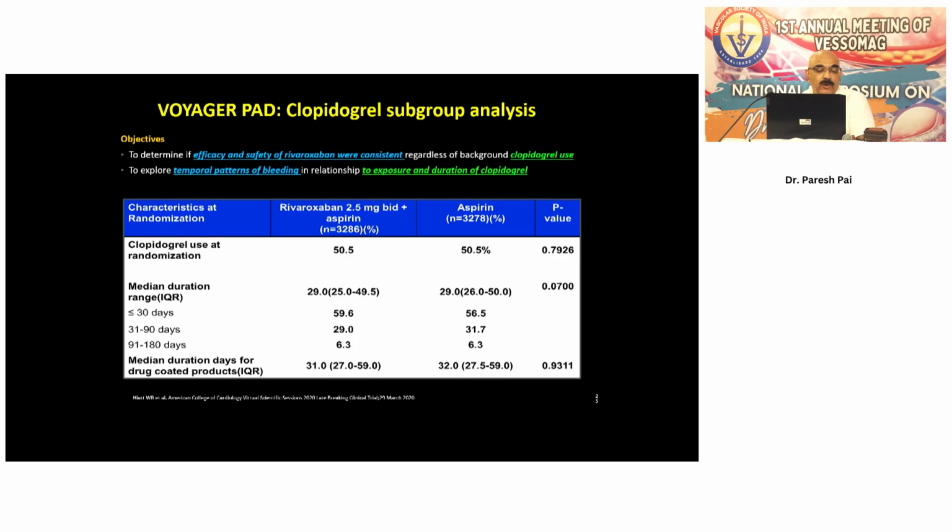So here you can see clopidogrel use at randomization was 50%, and aspirin as well, so it was well matched, with no difference in p-value. You can see that there is a difference in the duration of use. Most were used for 30 days or so. The median duration was at least 31 days, and aspirin was 32, so again not statistically significant.